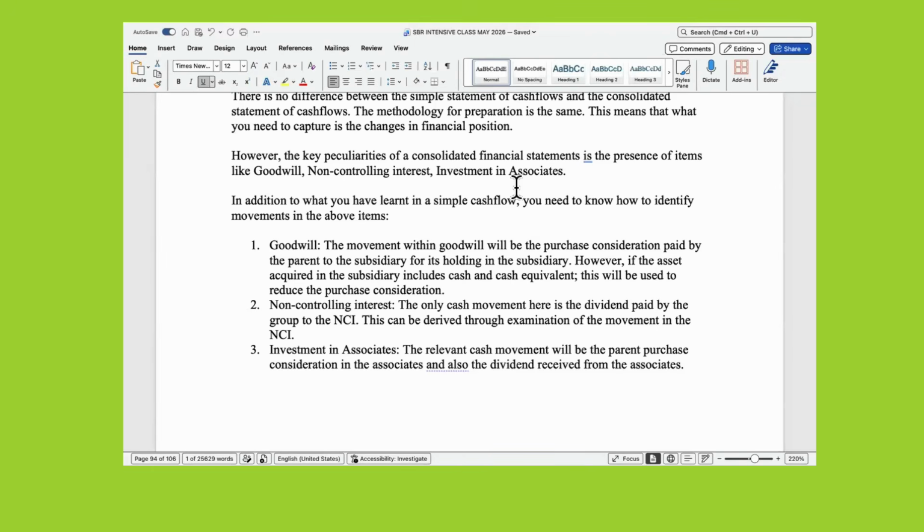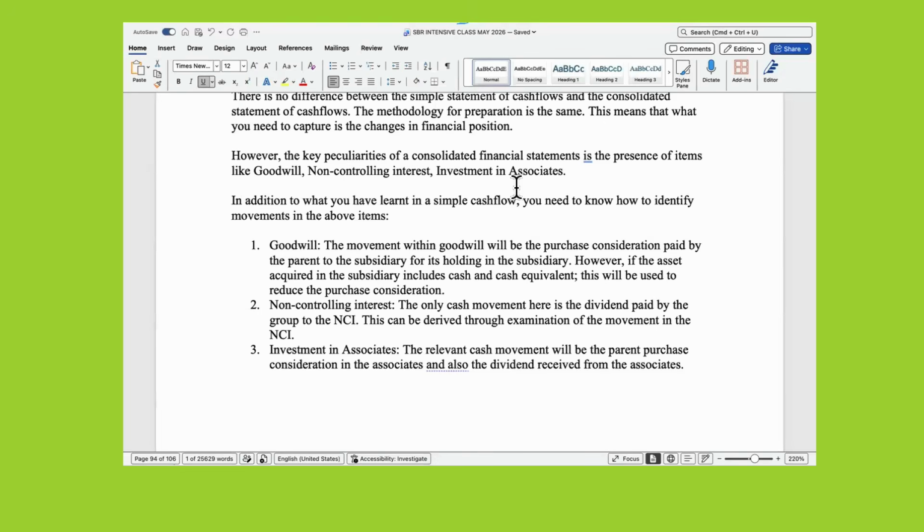If they give you goodwill in the account of 100, and the way it's derived is 500 minus 400, with 500 being the amount the parent paid, 400 being the net asset acquired, and you have 100 as goodwill, and they ask what the cash is in this 100, it is the 500, which is how much was actually paid. That's what we need in statement of cash flows.